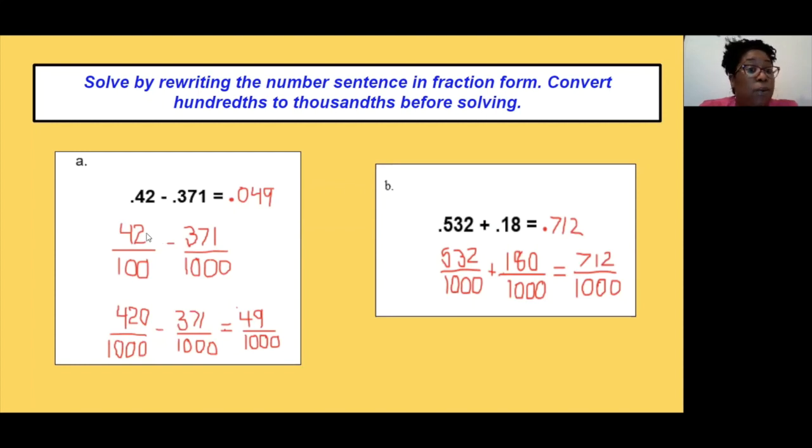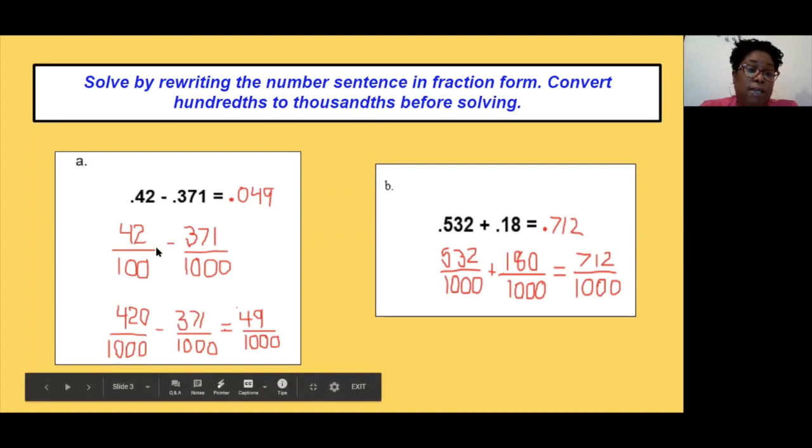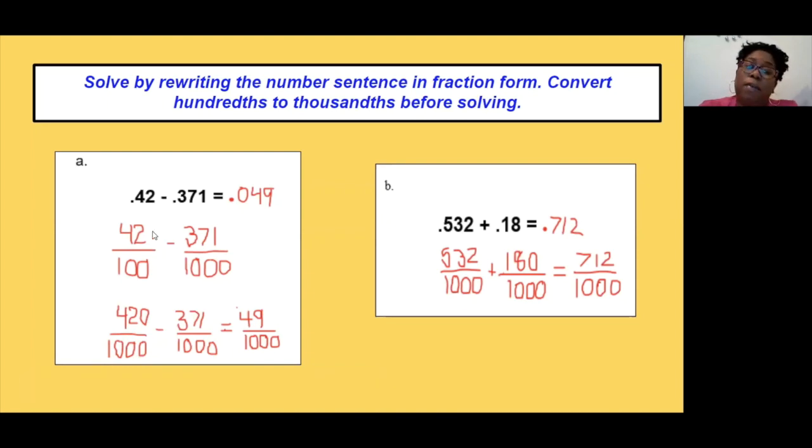Then it says we should convert the hundreds to thousands. So we were able to convert by multiplying both the numerator and denominator by 10. You could have used the area model, or you could have used the place value model. But I decided to multiply each numerator and denominator by 10 to get the common denominator of 1,000.